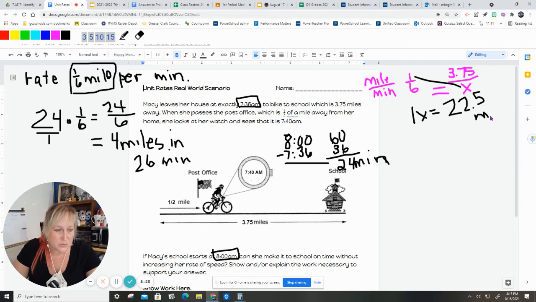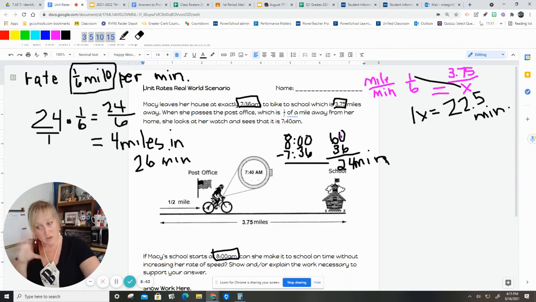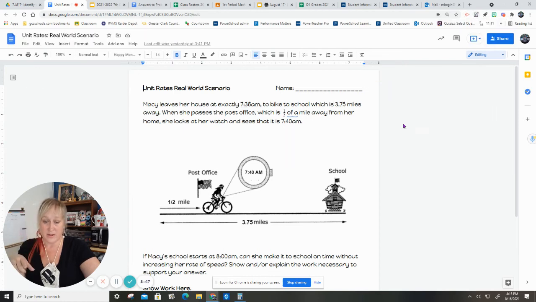So she has 22.5 minutes, that's how long it will take her to get to her school at the 3.75. And I know that there's another way, but I'm not going to go into that right now. I just am going to show the two that I was aware of. So the key is there's lots of different ways to figure this out. We will have to explain.